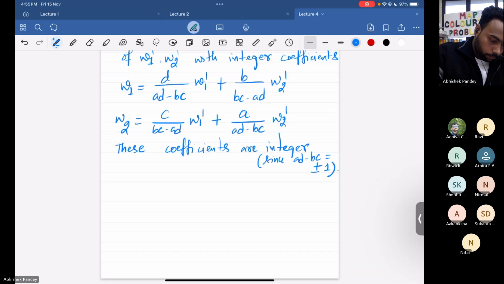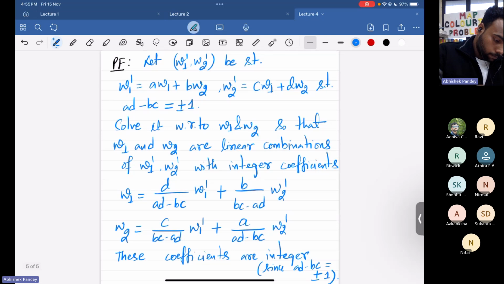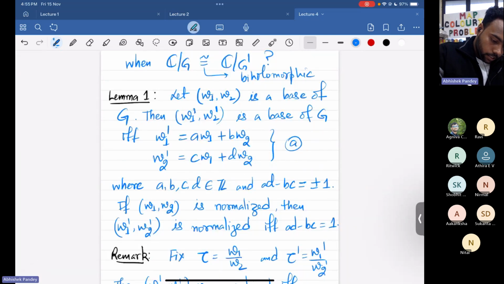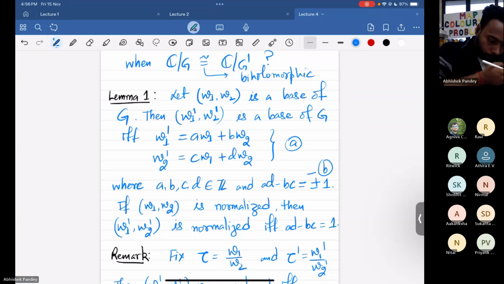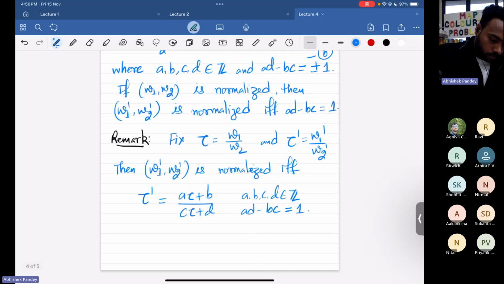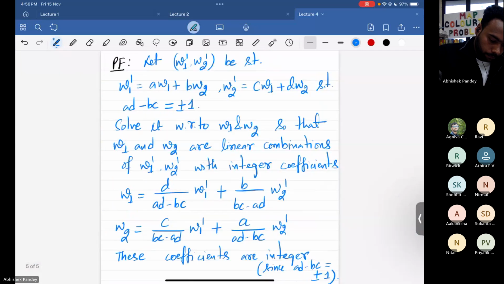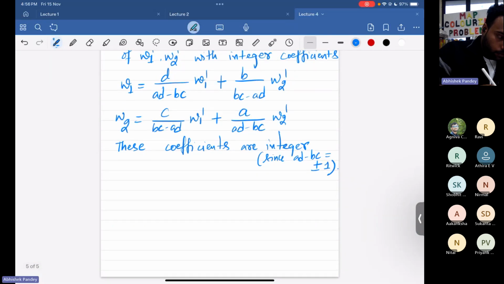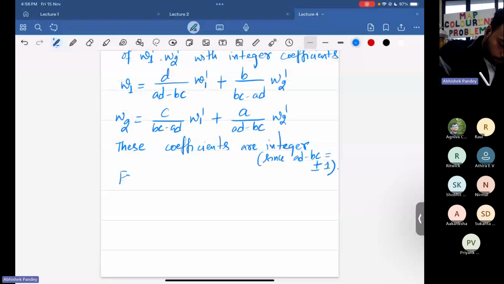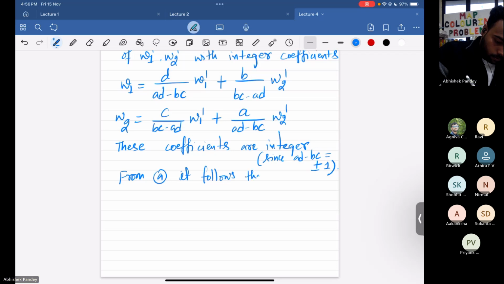So now what we need to show. We have considered this condition; let me write it down, this condition as B. So from A, it follows that we need to calculate this one.